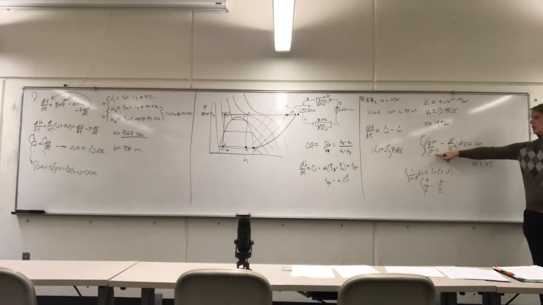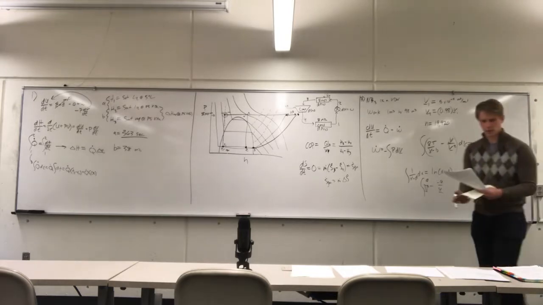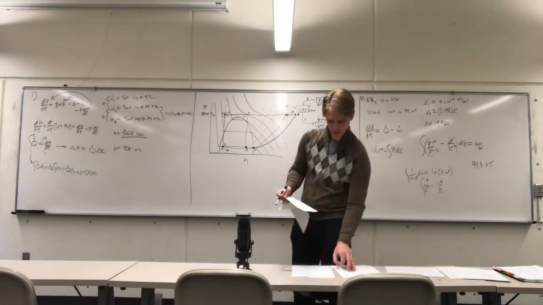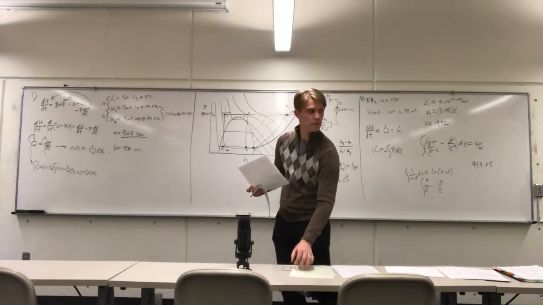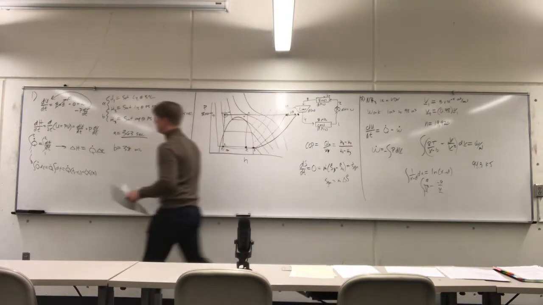This is the natural log of V minus B over V minus B, and this one here is just 1 over V2 minus 1 over V1. So the integral was not difficult at all. Questions? We're doing okay? All right, question 4.